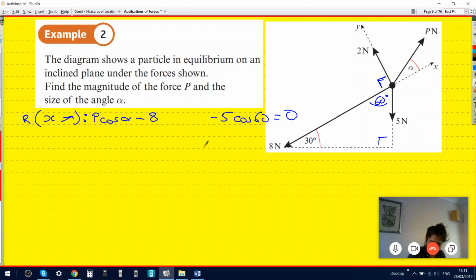So P cos A minus 8 minus 5 cos 60 equals 0. So P cos A equals 8 plus 5 cos 60.